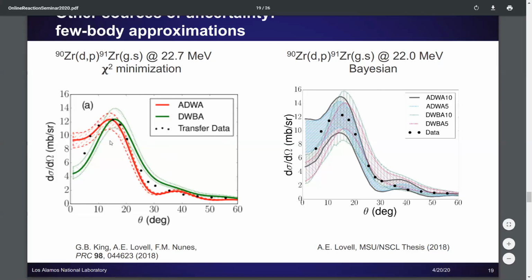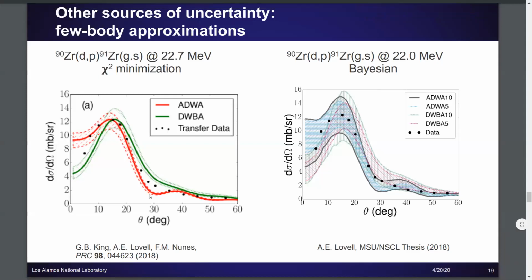And even at these sort of intermediate 30-degree angles, there's a very different shape between the two. And when you use the chi-square minimization and propagate that way, the uncertainties really coming from our nucleon scattering are small enough that you can really see the difference between these two calculations and whether the data would maybe fall within one uncertainty interval or the other, or between, as is the case here.